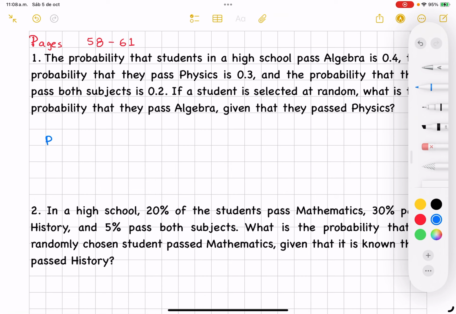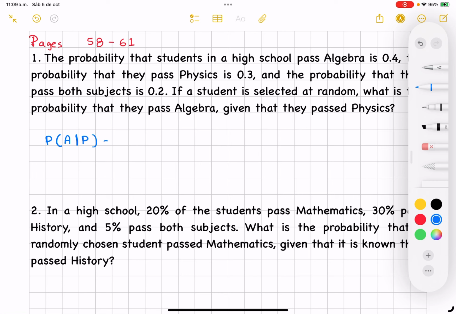Right now, what has happened is the student passed physics, so this is in second place. So we need to know the probability that the student passes algebra, given that he passed physics.